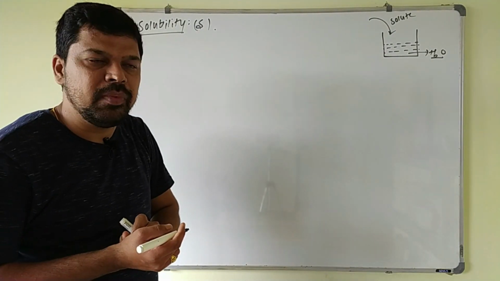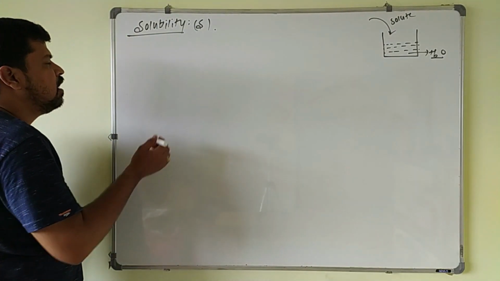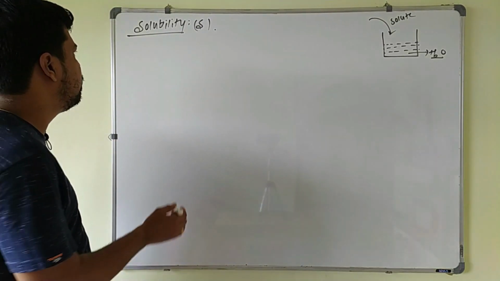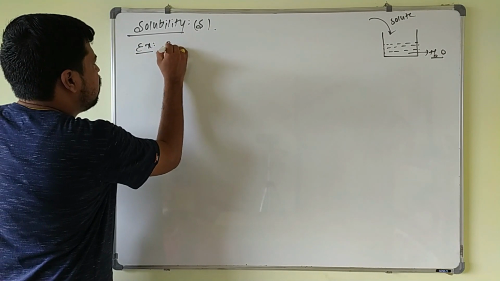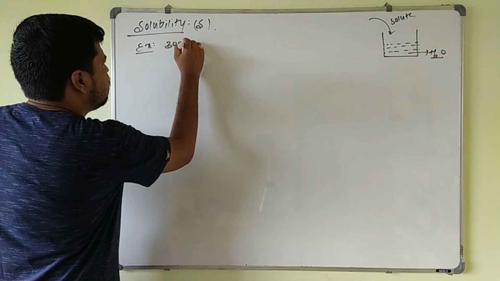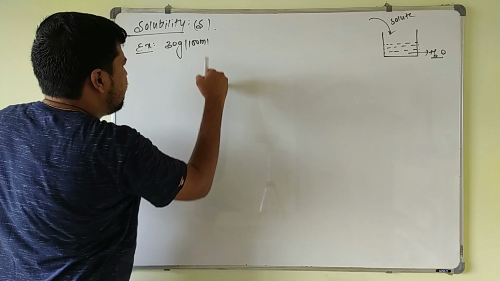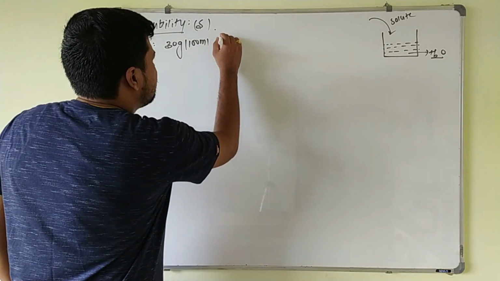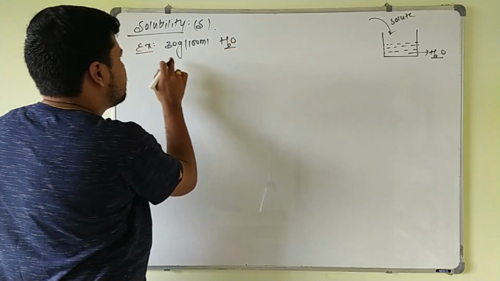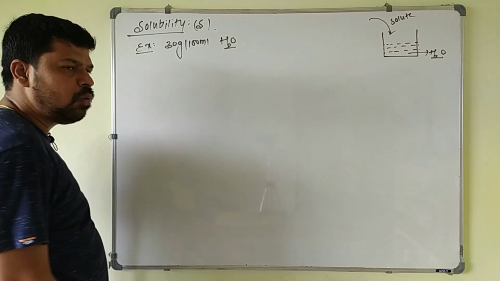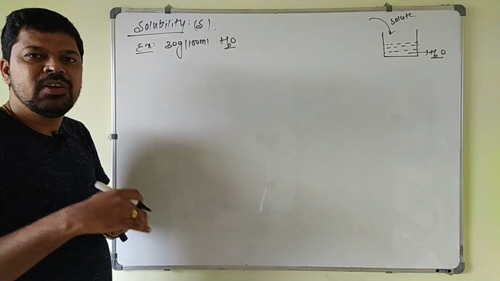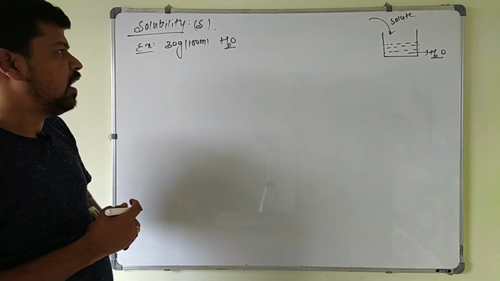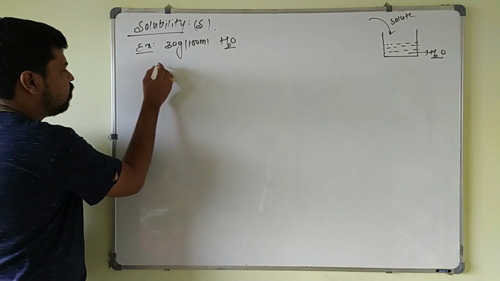For example, if a solute has a solubility of 30 gram per 100 ml of the solvent, that means in every 100 ml of water, 30 gram of the solute is soluble.